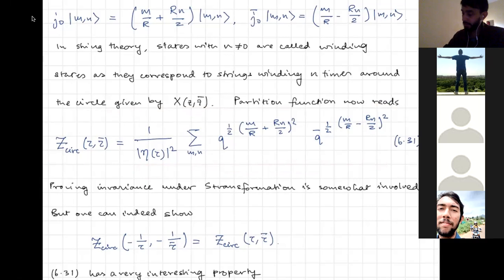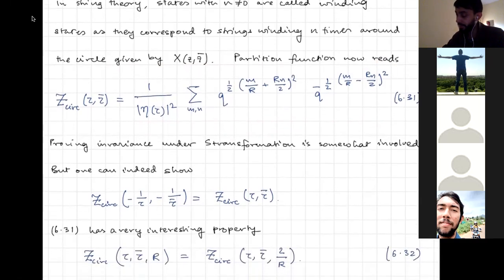Now finally, there is this very interesting feature: if you look at the partition function of a free boson on a circle of radius r, and you look at it on a circle of radius 2 over r, then the partition functions are one and the same.